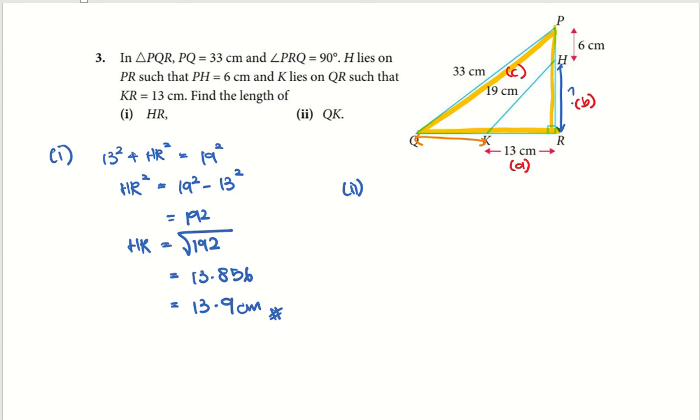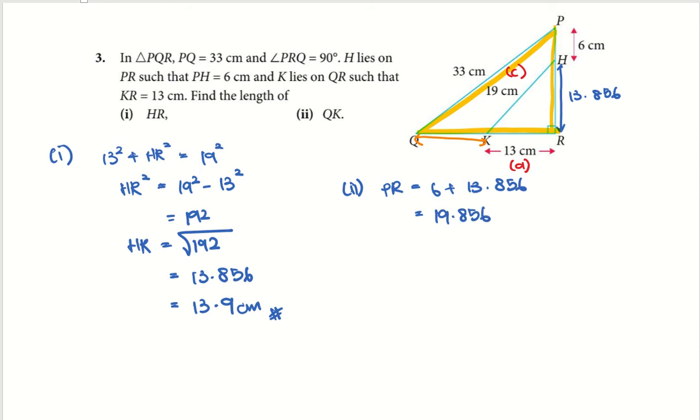Since we found in part 1 that my length HR, let me just label into the question, is 13.856, we can now find out what is your final length for PR, which is just additional plus 6. That will give you 19.856.